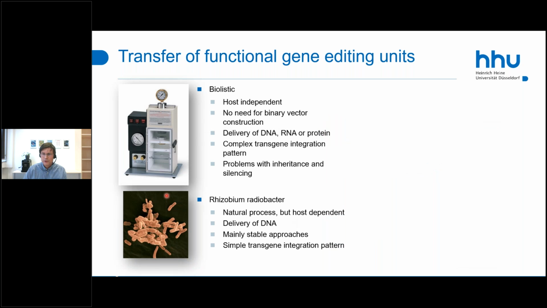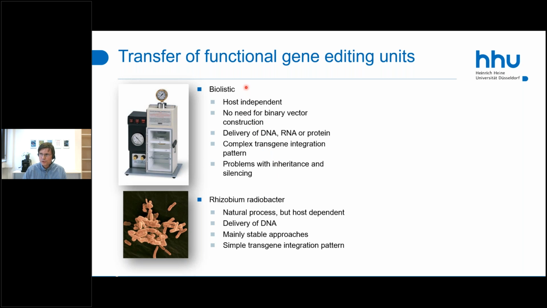And then, of course, you also need to transfer those functional units. And for this, usually we have 2 platforms. On one hand, it's biolistic gene transfer, and on the other hand, it's Rhizobium radiobacter, usually known as Agrobacterium tumefaciens.